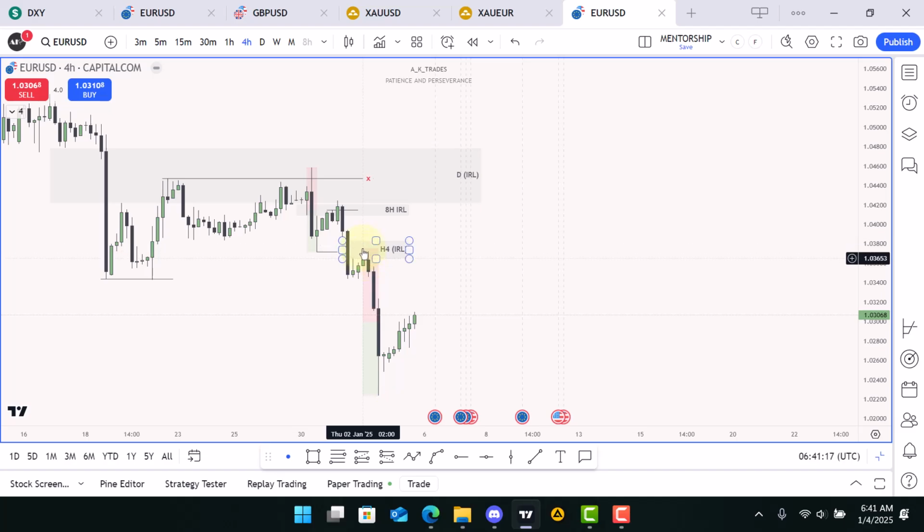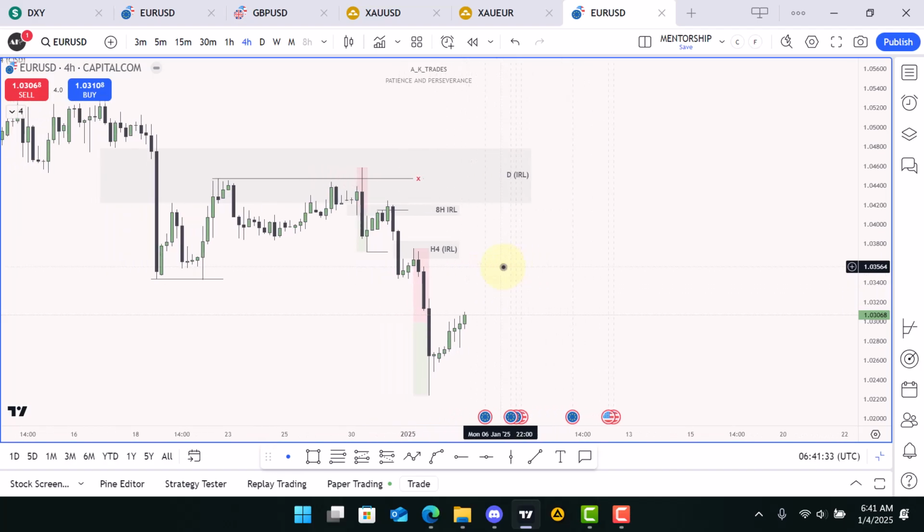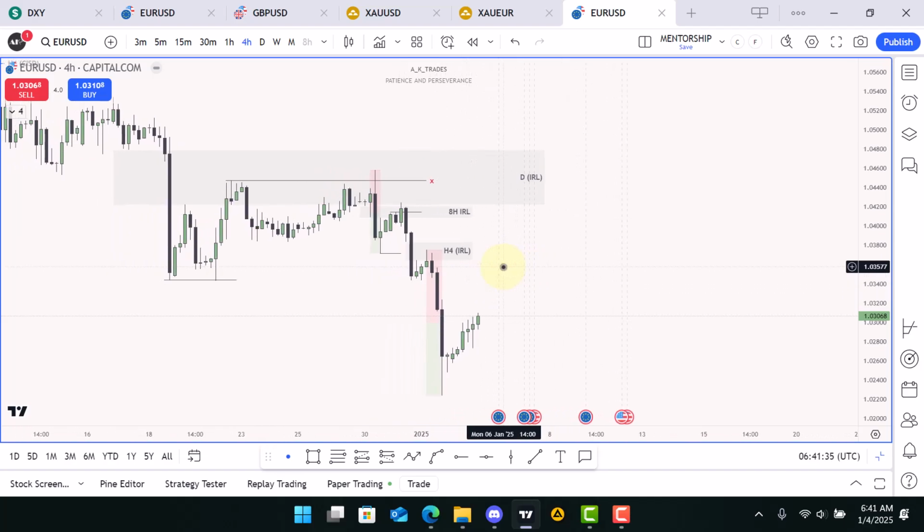Because here there was a reversal signature that had been printed here. So there was no need for the market to further manipulate the previous candle's high before going lower. So that is basically what happens in the market with candle range theory and then reversals.